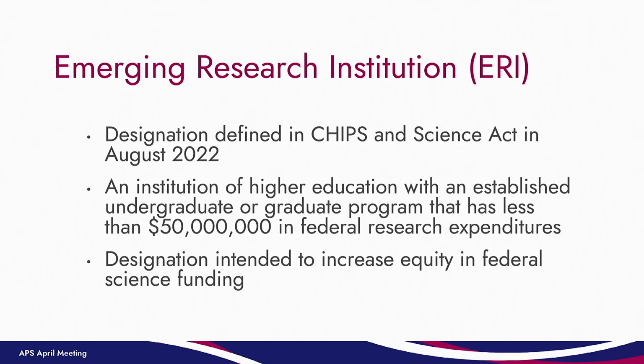But a lot of institutions that you might think should be classified as minority serving institutions don't actually qualify. And so this new designation is there to bring in those institutions that really should have been included from the beginning anyway.